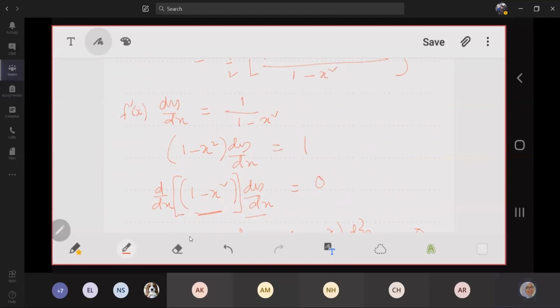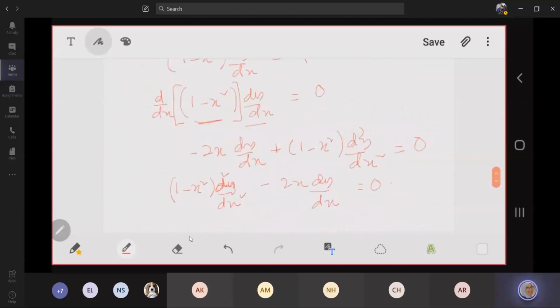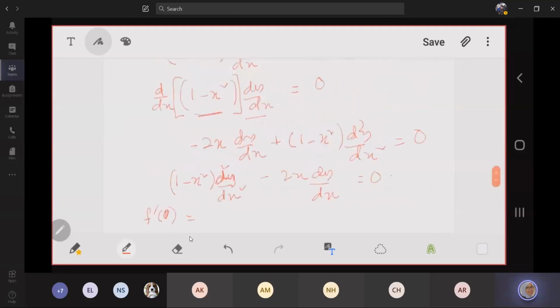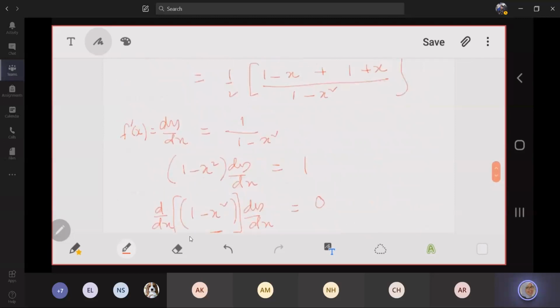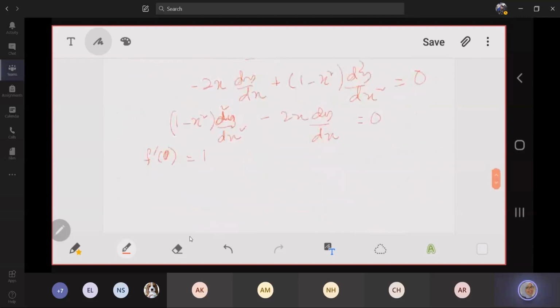They're a bit messy here, I guess. So what is f prime of 0? What is f prime of 0? 1, isn't it? Yeah. Okay.